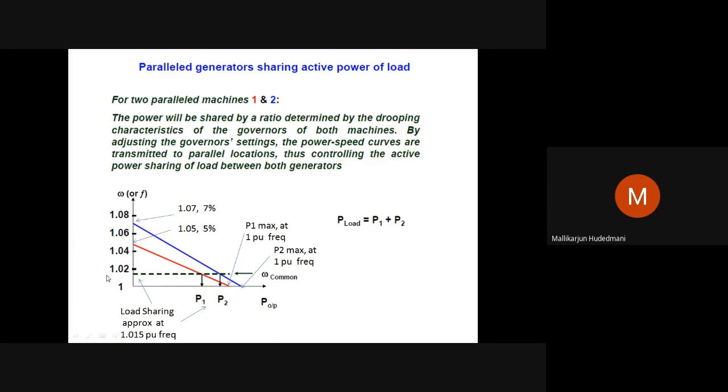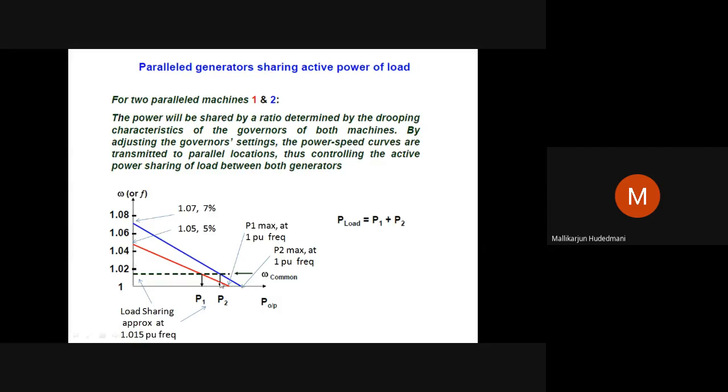Then draw a horizontal line and make the line a slider, moving up and down, which will intersect these two curves such that the intersecting point values, when you add both together, meet the demand of the system. Then, pertaining to P1 plus P2 equal to P load, the frequency touched on the y-axis is the operating frequency of the combination.